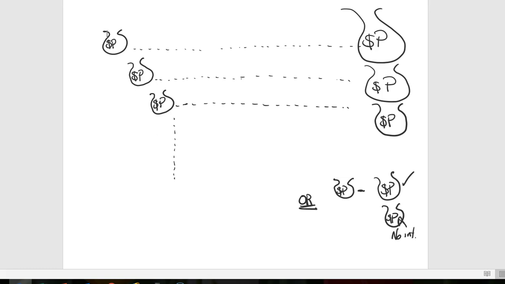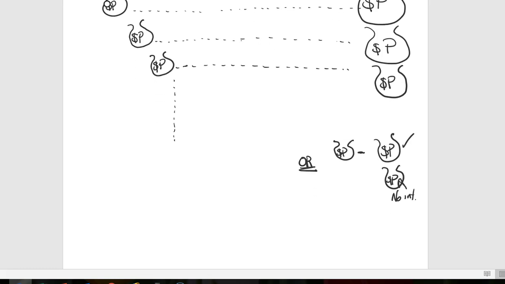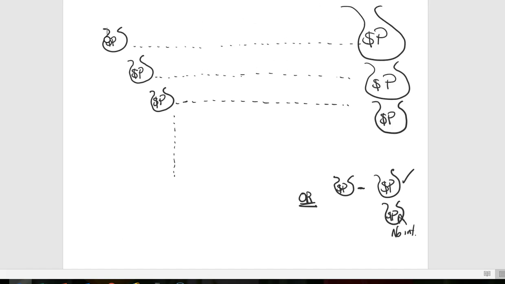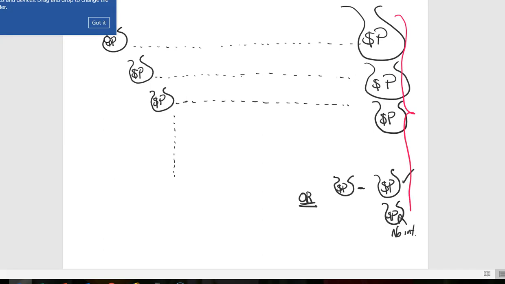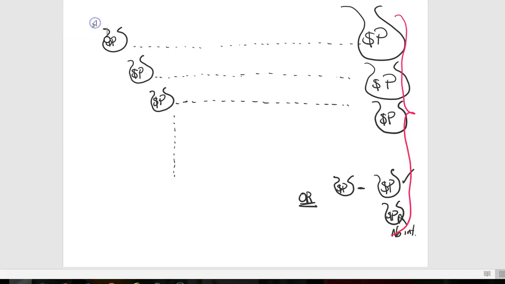Hopefully you can see from that bit of a diagram that if we want to know the amount of our total investment, then we want to sum all of these P's. Now, within there, we're hoping we'll be able to establish a GP.